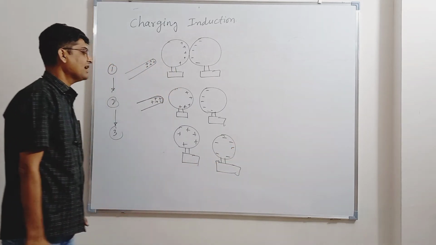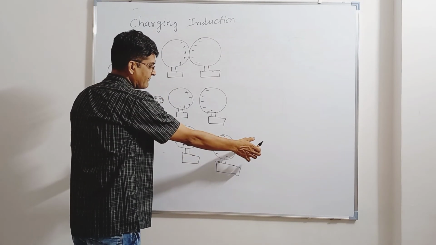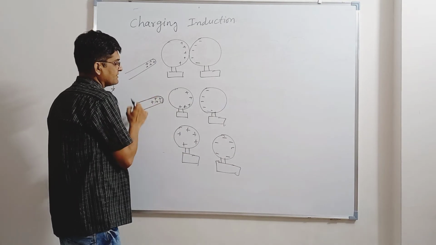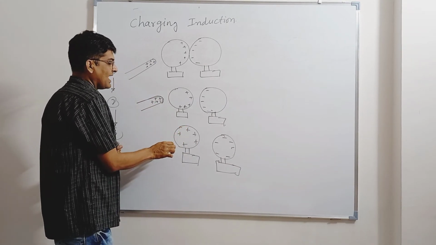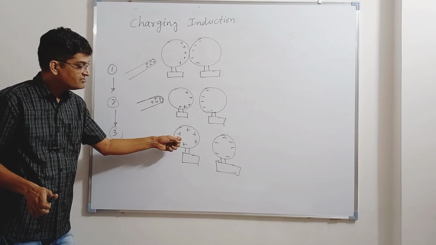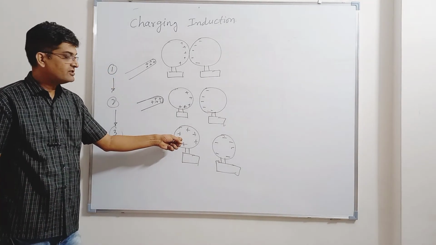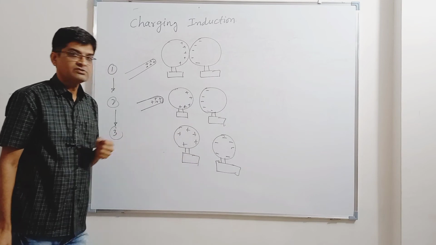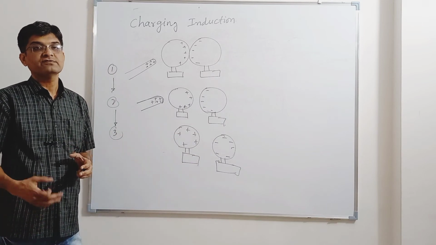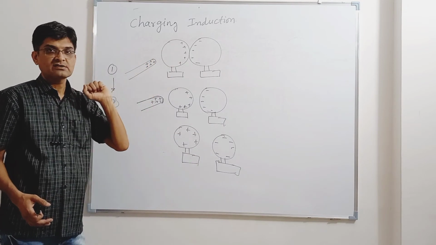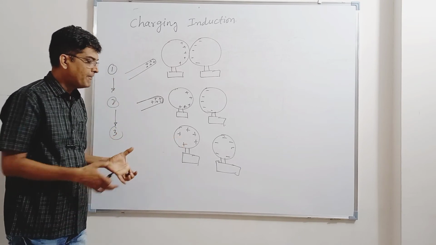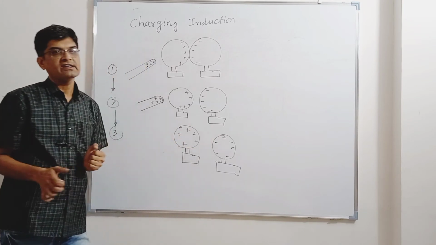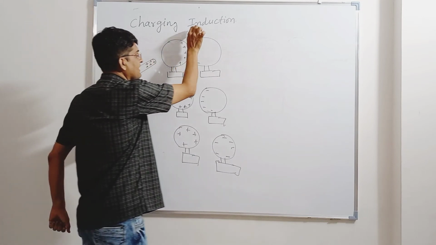So now the spheres are also far away and the glass rod is taken away. So now what I have done, I have been able to assign positive charge to this sphere and negative charge to this body, which were initially neutral. So here the process through which I have imparted charge to these bodies is called charging by induction.